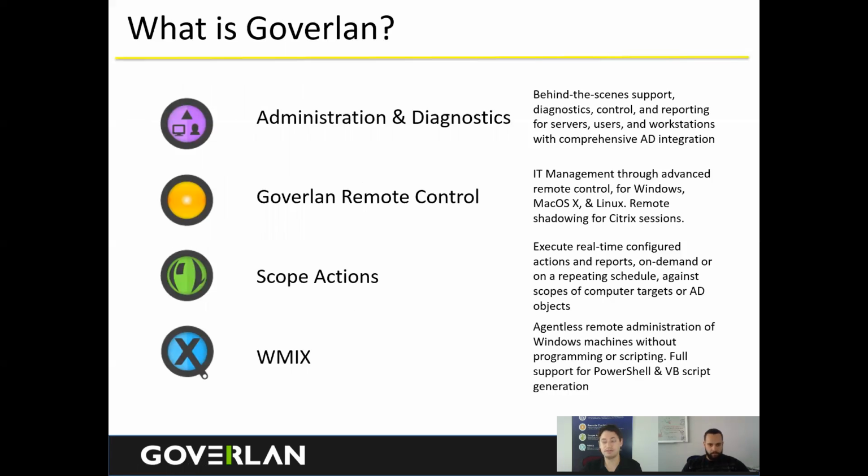So you can see we're broken out into different modules. Administration and Diagnostics is our behind-the-scenes support, and then we have remote control. Scope Actions is where all of our global configuration management is going to be, and then we have a free PowerShell scripting tool. It generates some PowerShell or VB scripts based on WMI classes or based on any WMI class or object.